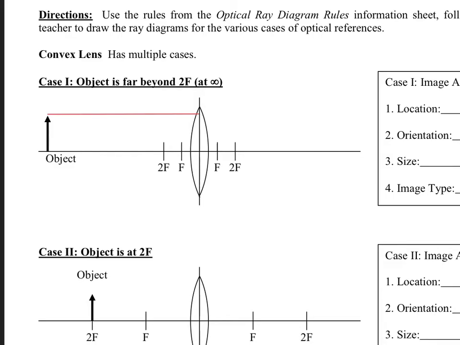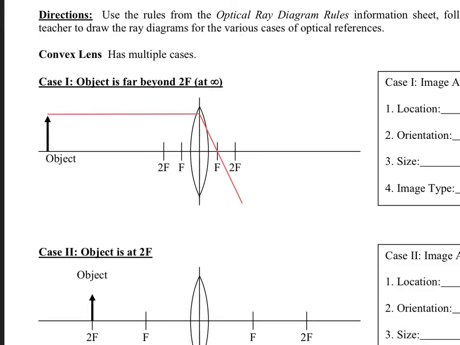But now, it's going to refract and go through the focal point on the opposite side. So the light is going to bend, and from that point go through F, like so. That's our first ray.